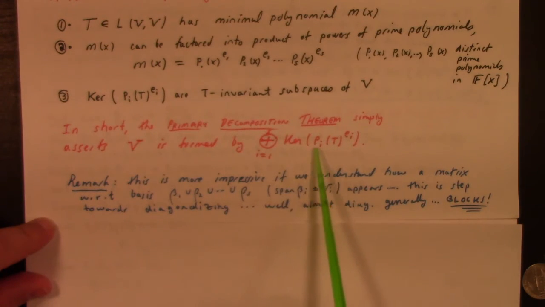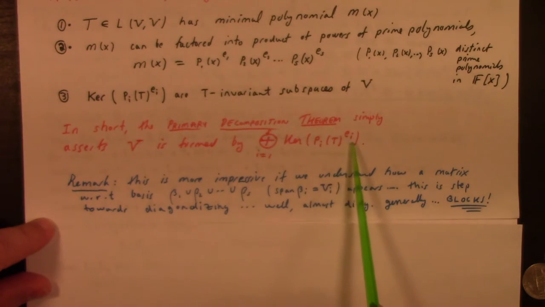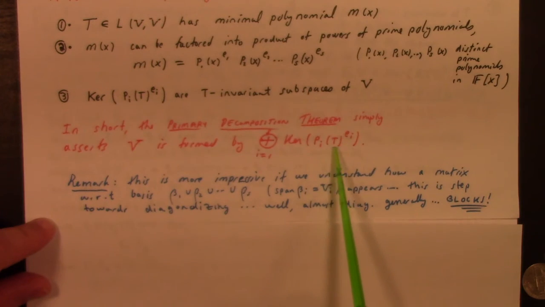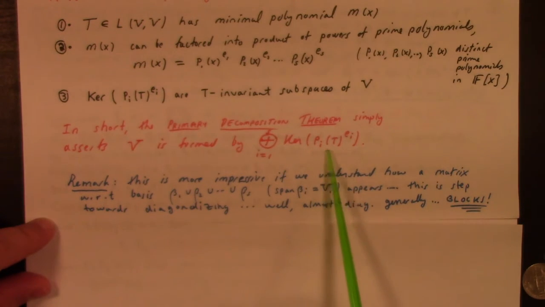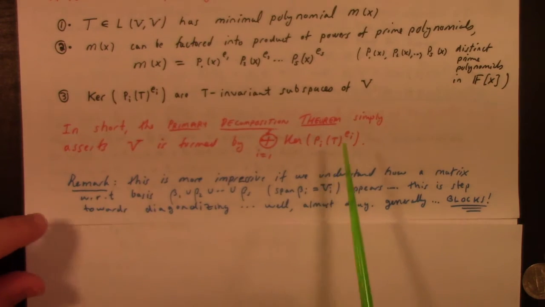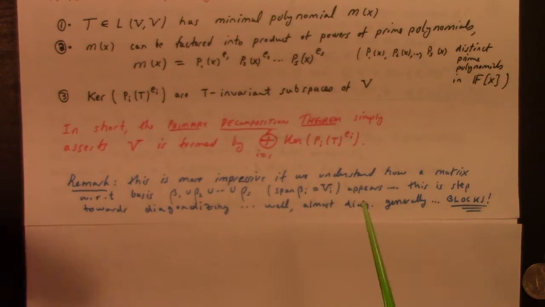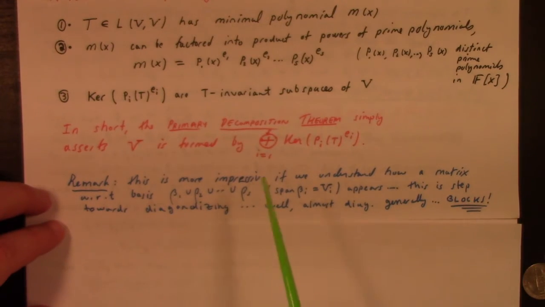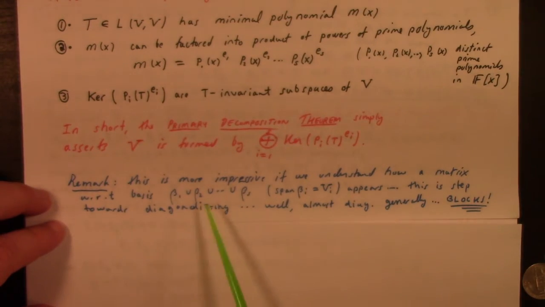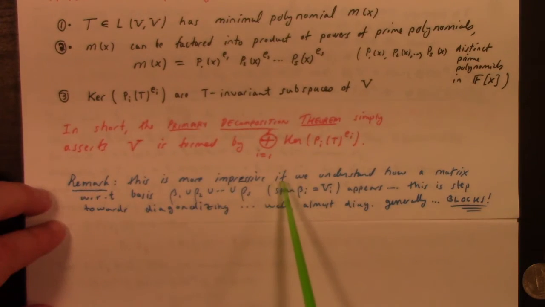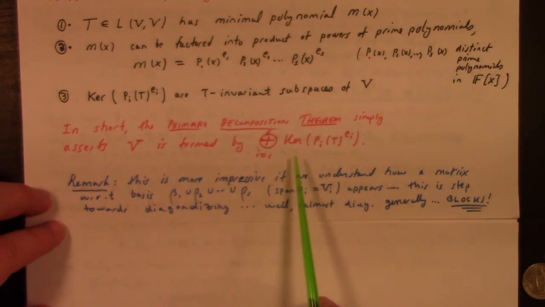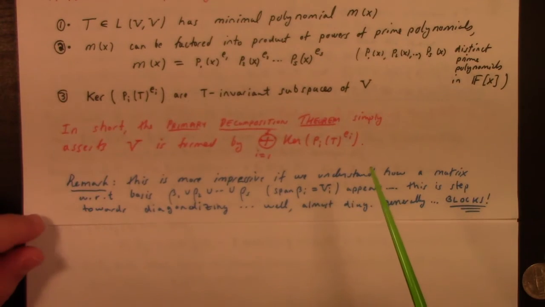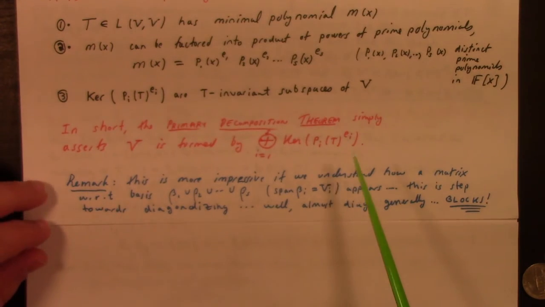If you take the first part of your basis from the kernel of P1 of T, the second part from the next one, and so forth, you'd have S different bases, one for each subspace, right? And you can string those together to get a basis for the whole space. Then if you look at the matrix of T with respect to such a concatenated basis, it will have a very simple block diagonal form, and that will reflect this direct sum.